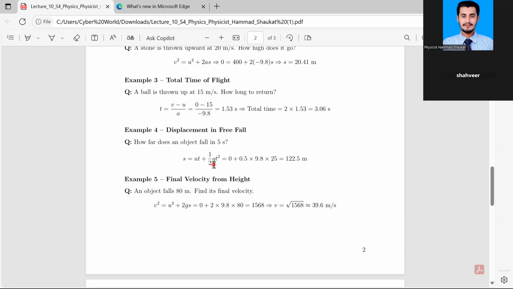Because your body is moving under the action of gravity, you have to take positive 9.8 multiplied by t square. t is 5 and 5 square is 25. So just multiply, and you will get your answer, which is 122.5 meters. This is how you can find the distance.